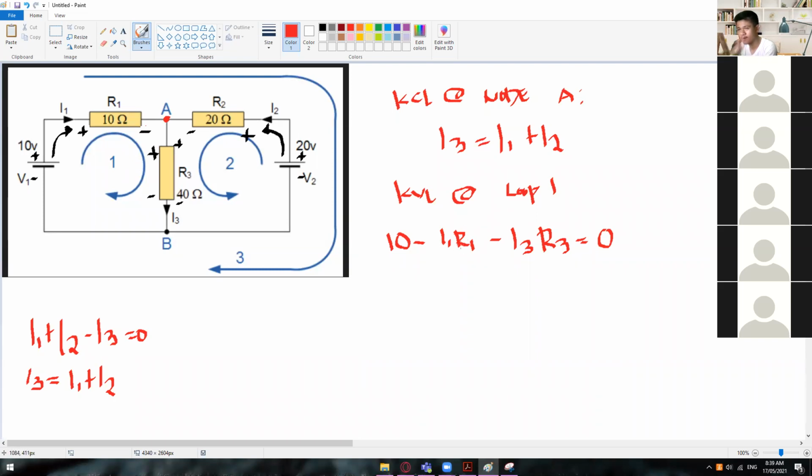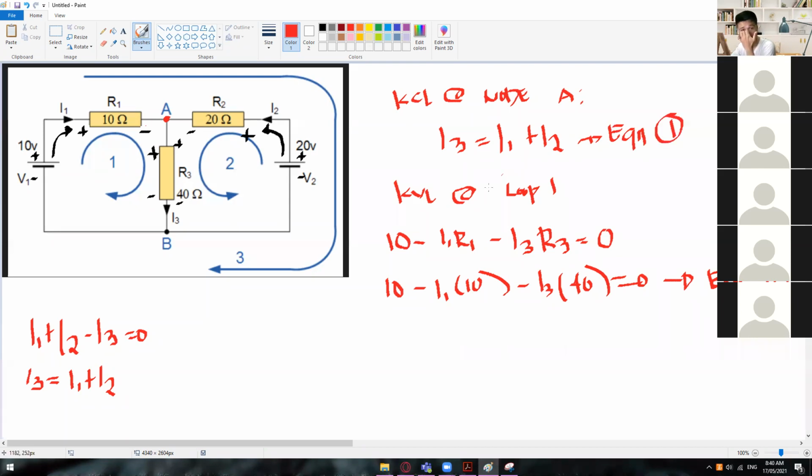Let's say R1 is already given, so just substitute the value of that one. So 10 minus I1, R1 is 10, minus I3, wherein R3 is 40 ohms, equal to 0. So this is now your second equation, equation number 2. This is your equation number 1.